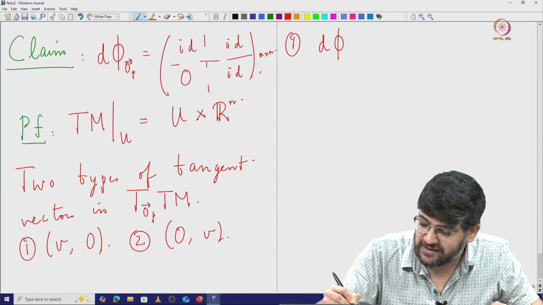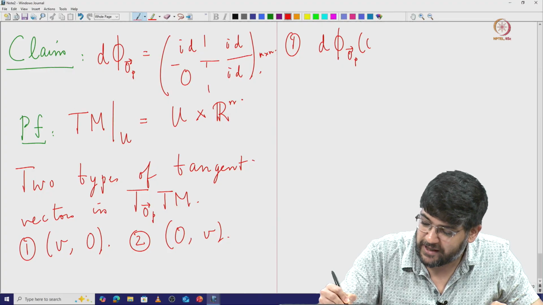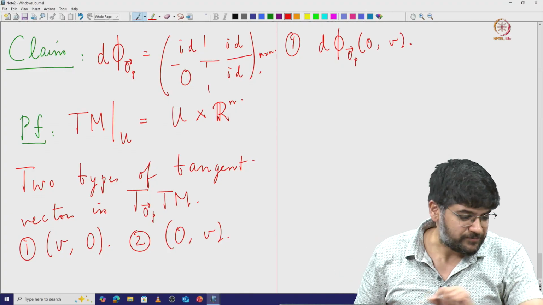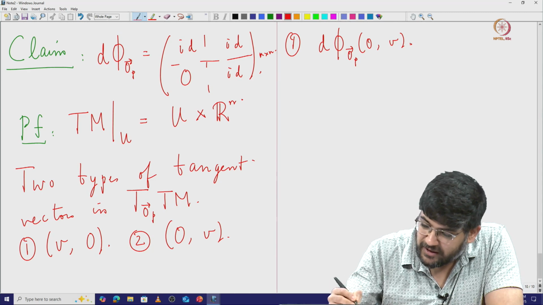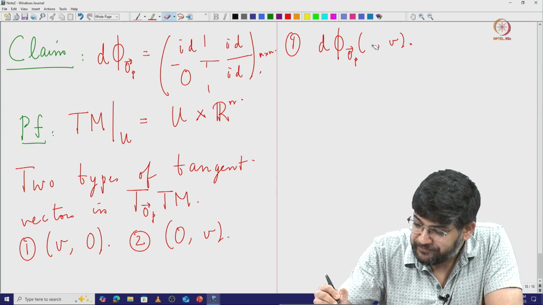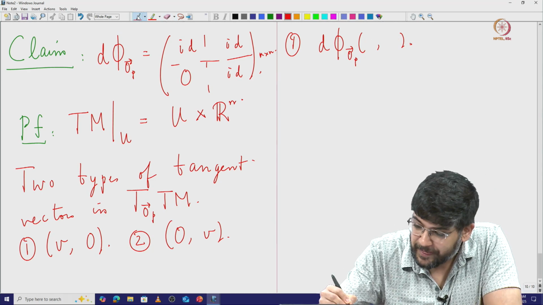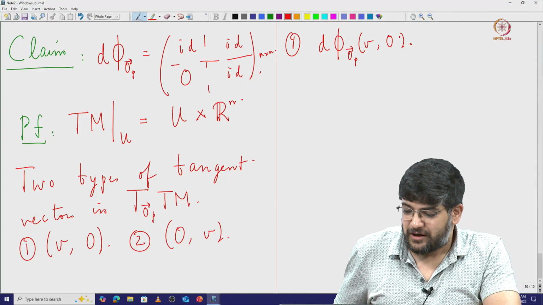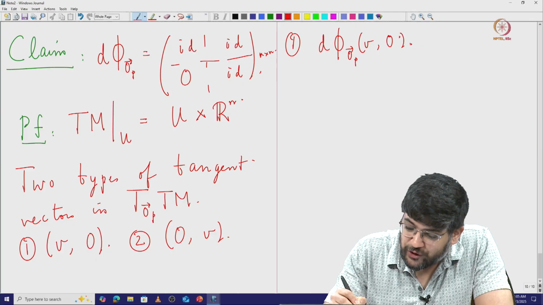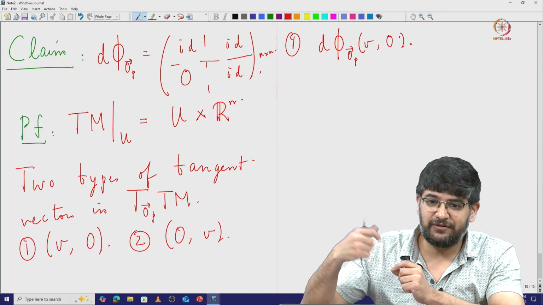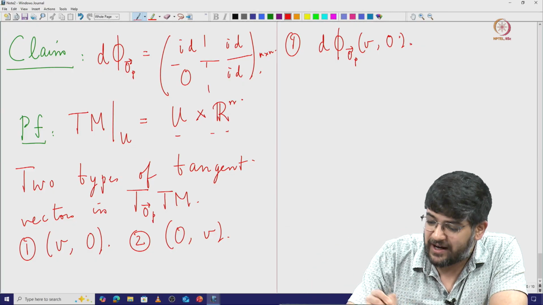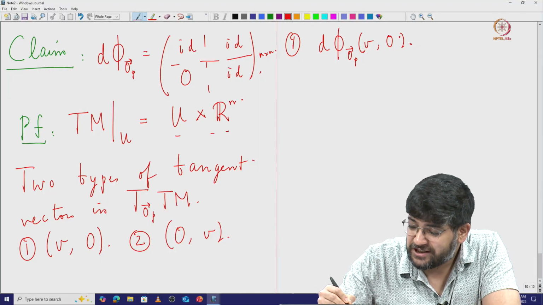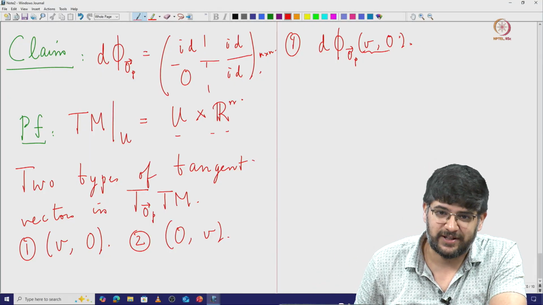So let us first consider the derivative map applied to (v, 0). In order to do this, we have to take a curve in u cross R^n with the initial tangent vector given by (v, 0).